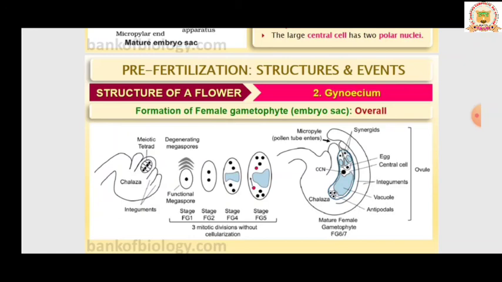After successive mitotic divisions, it forms an 8-nucleate structure. Then a mature embryo sac forms, having an 8-nucleate, 7-celled structure, with 3 at the micropylar end, 3 at the chalazal end, and the polar nuclei at the center of the embryo sac.